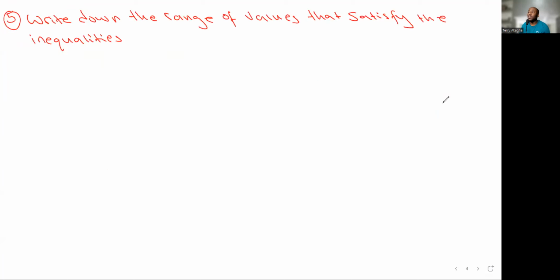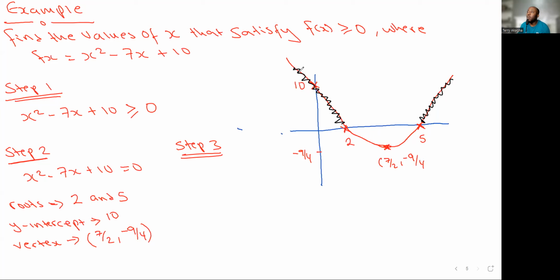Because it's on this line, any x-value that is related to this line will also be a solution. Are you seeing it? So you will notice that everything above 5 is a solution, and everything below 2 is a solution.